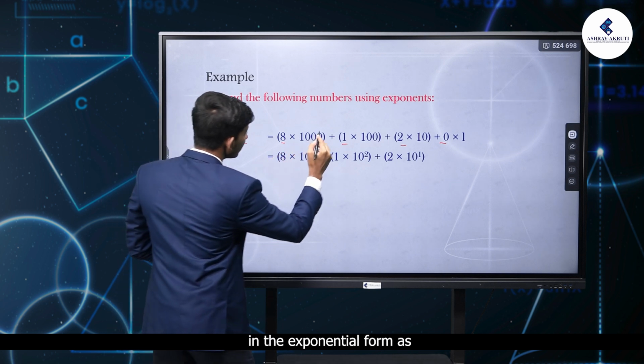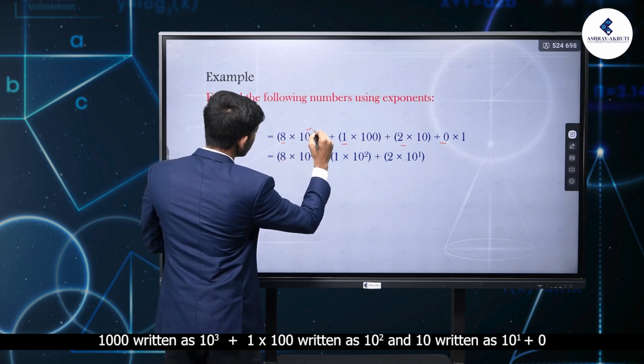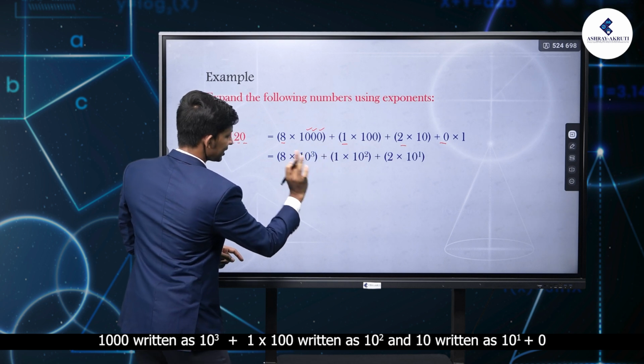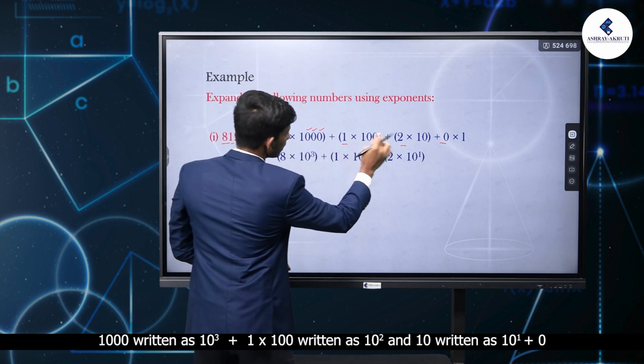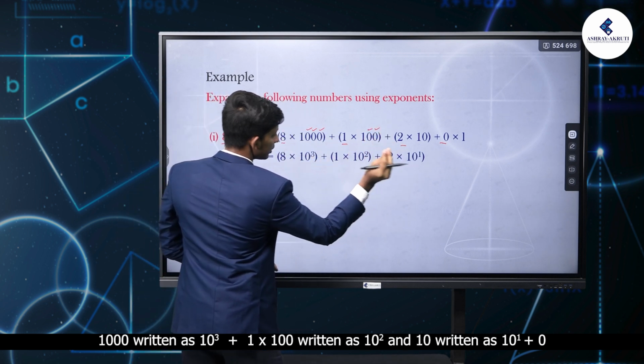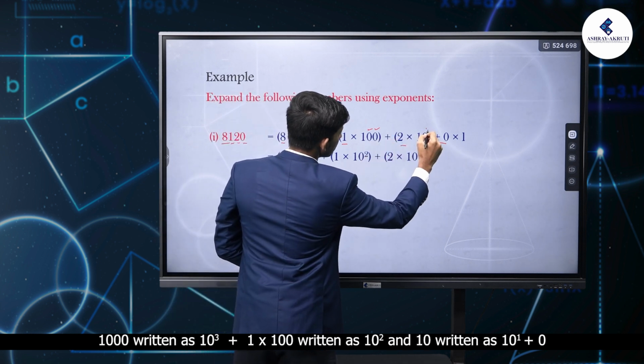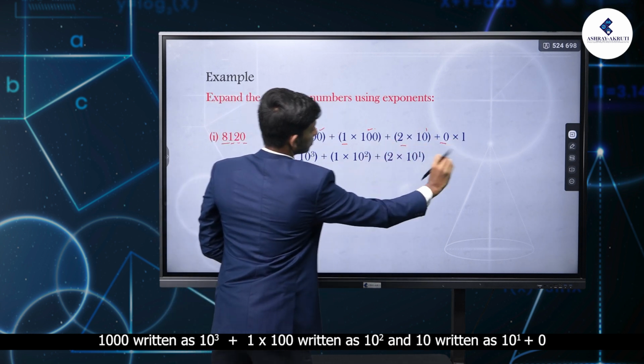So we can write this in the exponential form as 1000 written as 10 to the power of 3, plus 1 into 100 written as 10 to the power of 2, and 10 written as 10 to the power of 1, plus 0.